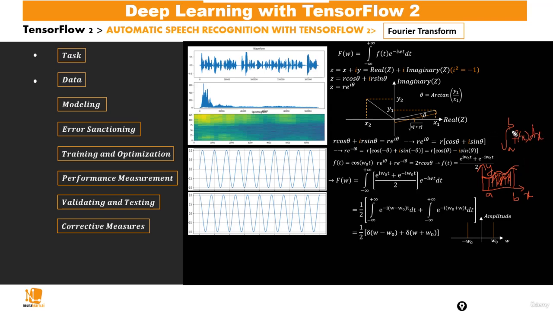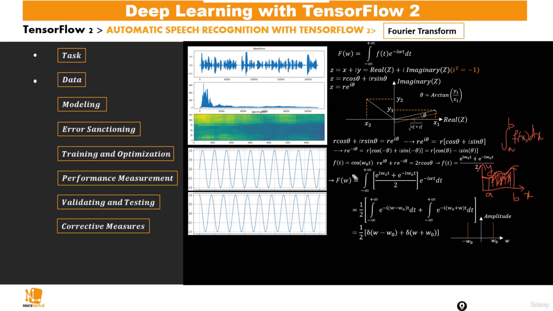Now if we understand this and we recall that e to the negative i theta, as we had seen previously, is cos theta minus i sine theta. So it means this e to the negative i theta can be broken up into 2 parts: the cos theta and sine theta.